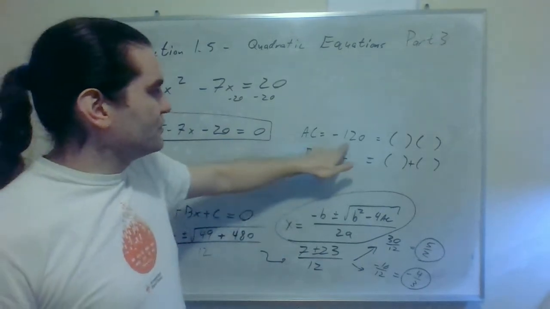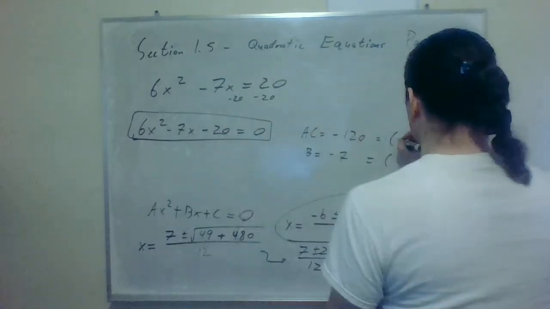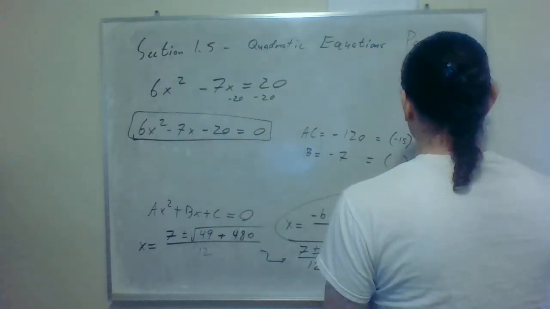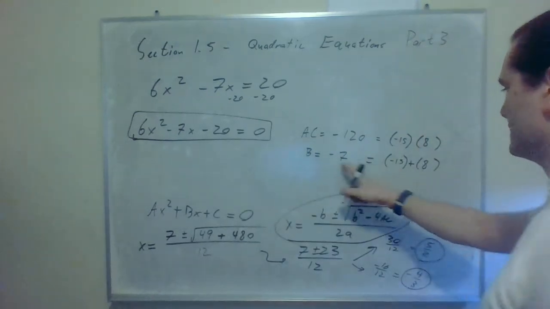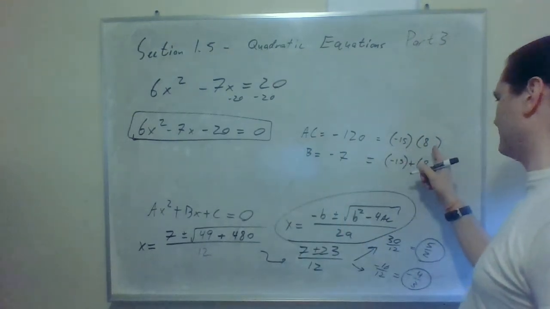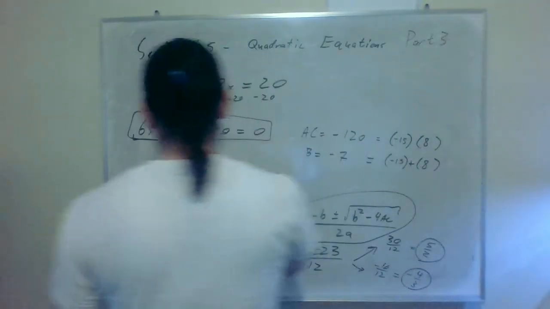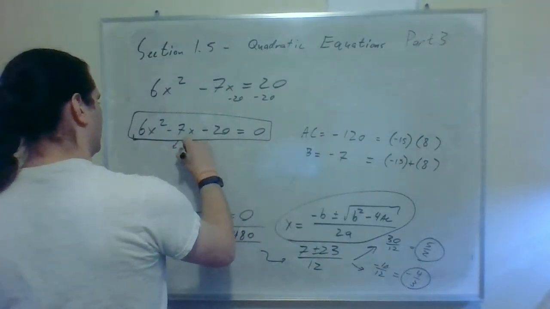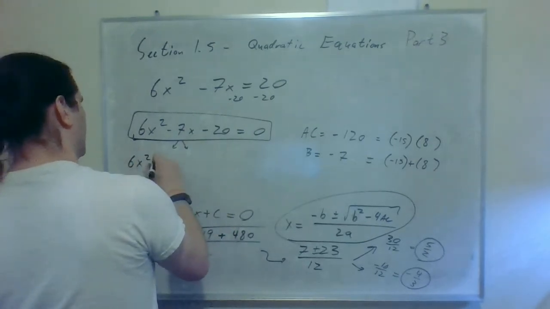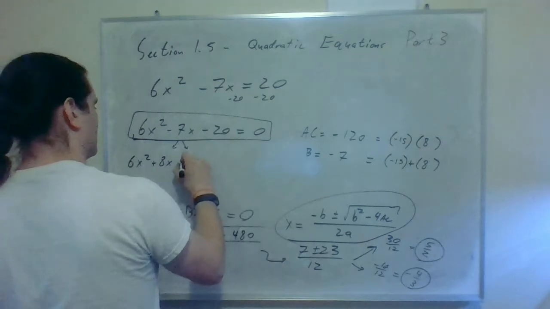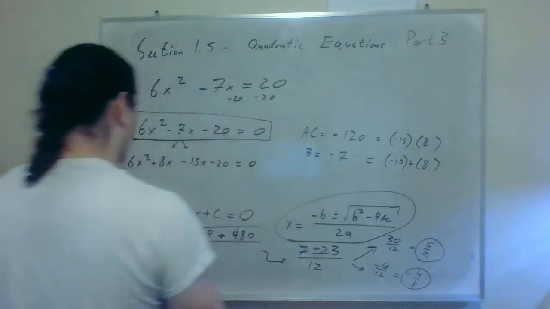The two numbers that multiply to negative 120 and add to negative 7 are negative 15 and 8. Negative 15 plus 8 is negative 7. Negative 15 times 8 is negative 120. So if we split our b term into these two pieces, you'll have 6x squared plus 8x minus 15x minus 20 equals 0.